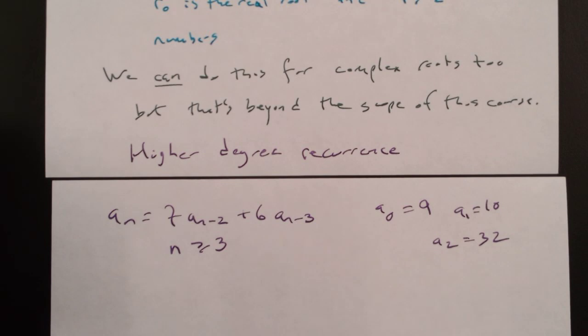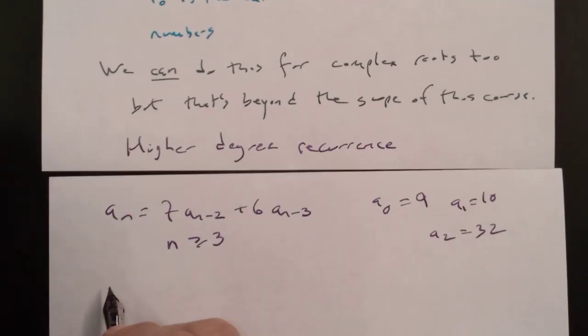When I did a degree 2 relation, I ended up with a quadratic, right? If I do a degree 3 relation, I should end up with an r cubed. So I'm going to get an r cubed here. And then for every step down in the subscript, I step down in the power. So on the left, I have this r cubed.